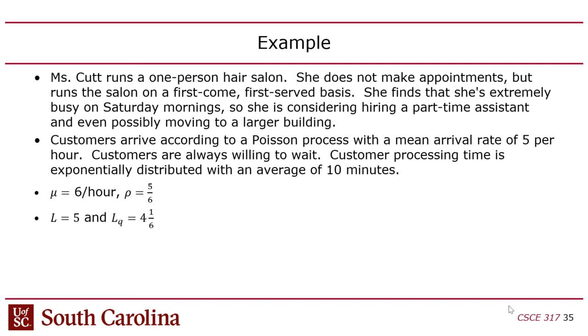The arrival rate lambda is 5 per hour. Customer processing time is an average of 10 minutes, which is 1/6 of an hour, so the service rate is 6 per hour.